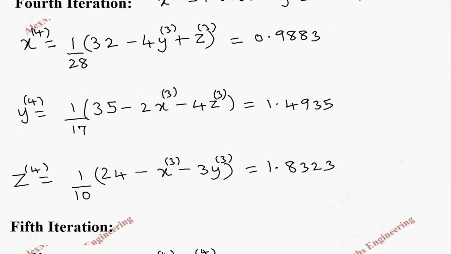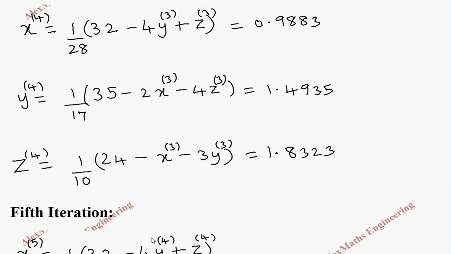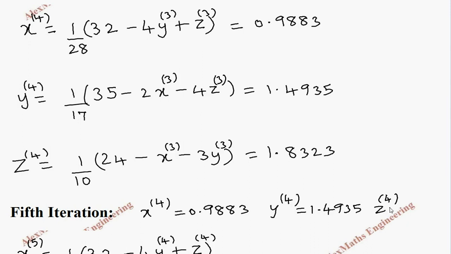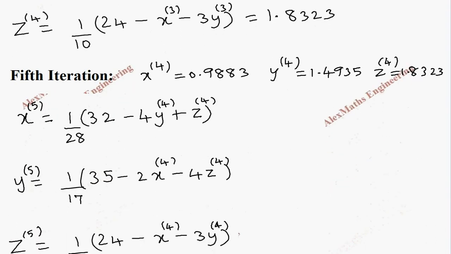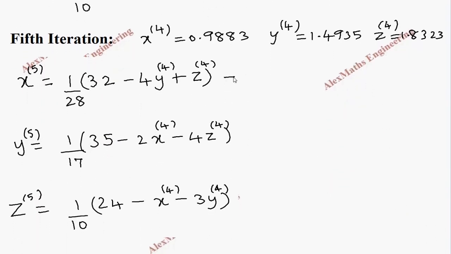So x of 4 is 0.9883. Y of 4 is 1.4935. Z of 4 is 1.8323. So now let's go for the substitution.